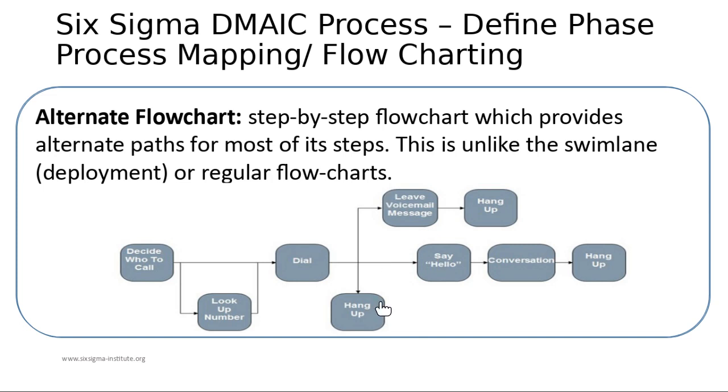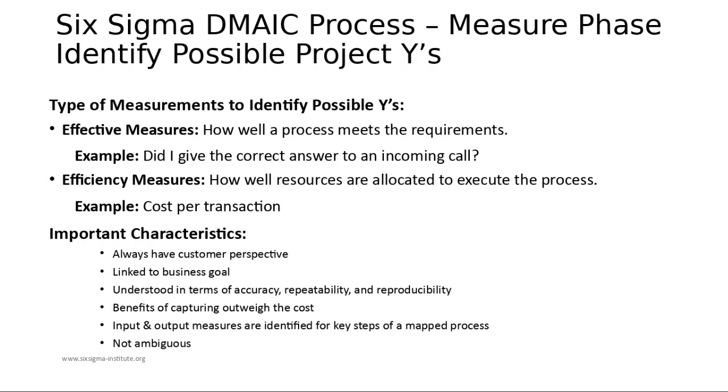This is one of the things that happens when you dial any number. So if they answer, you can have the conversation and hang up. If they didn't answer, you leave the message and you hang up, or they hang up simultaneously. So this is an example of what a process flow looks like.